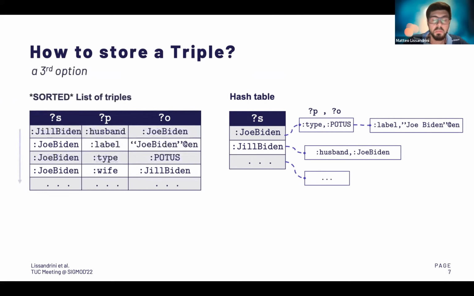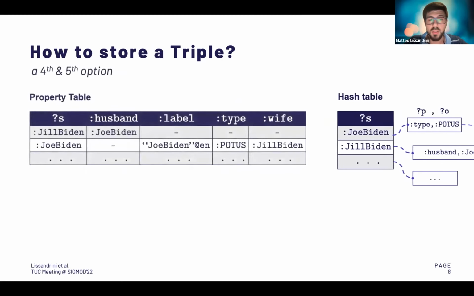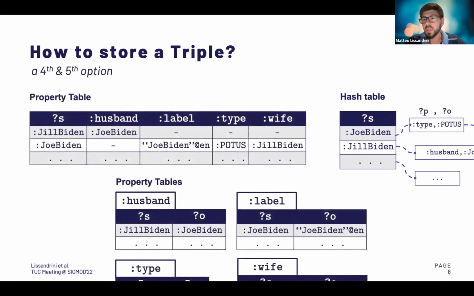Or instead of storing the triples in a random order, we could sort them, or we could use a property table, a big table where we have one row per node, and then many columns, one for each edge type. Or we could even split every relationship into an actual relational table with the subject and object.